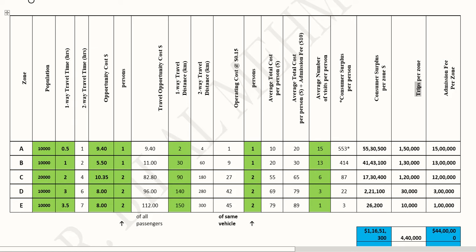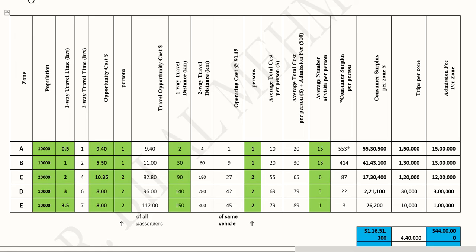This is also easy, that we can multiply this value, the average number of visits per person, with the population of the zone, and we will get the trips per zone. One average visit per person, and there are 10,000 people, so it becomes 10,000 trips per zone.